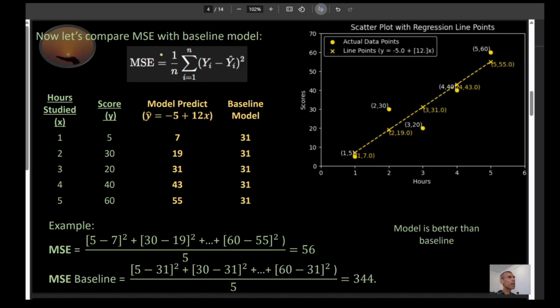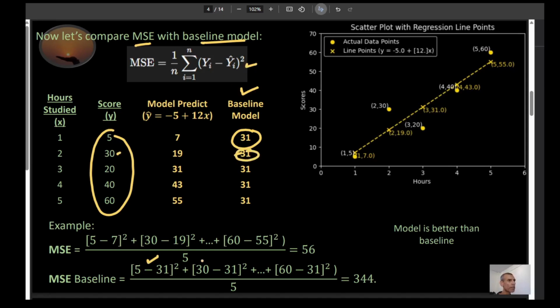Now let's compare our MSE with the baseline model. This is my baseline model, and if you recall, my baseline model will have all the values as 31. 31 is the average value of these scores right here. The MSE for the baseline model using this expression would be 5 minus 31 squared, that will be this right here, 30 minus 31 squared right here, and likewise 20 minus 31 squared, 40 minus 31 squared, 60 minus 31 squared, and then at the end you divide by 5, and the answer comes out to be 344.